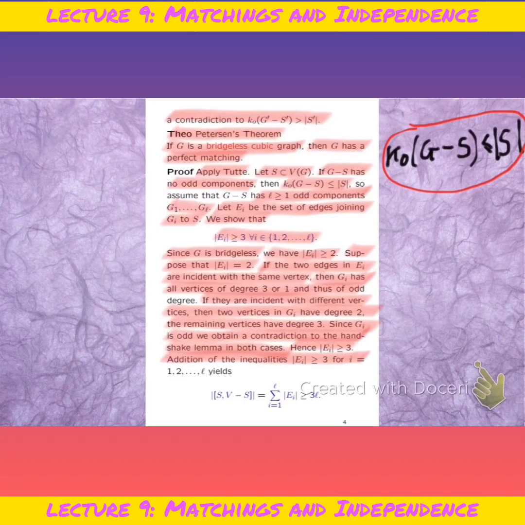Right, so the number of edges between S and V minus S is going to be at least, and it's at least there because you could still have some even components as well, the sum of all your edges in each Ei. And that is going to be at least 3L.